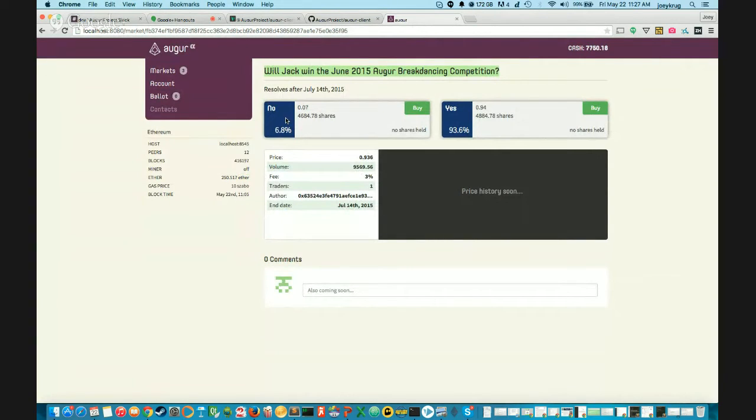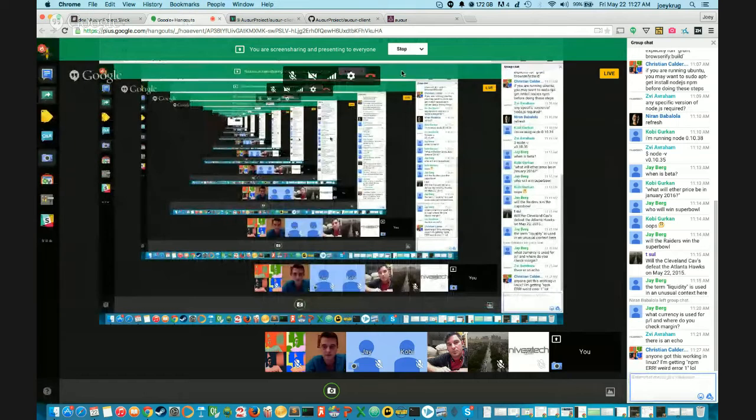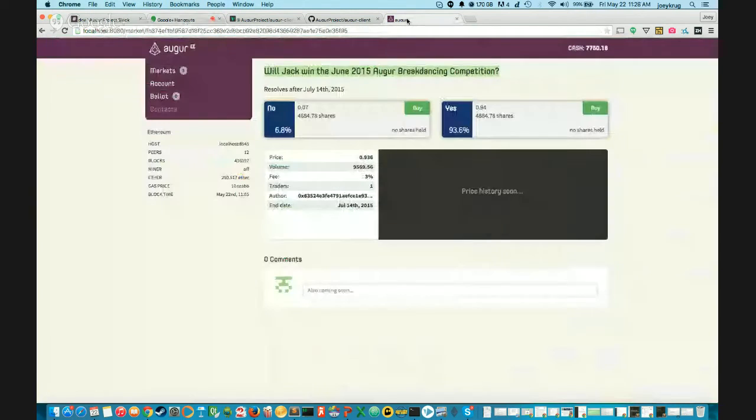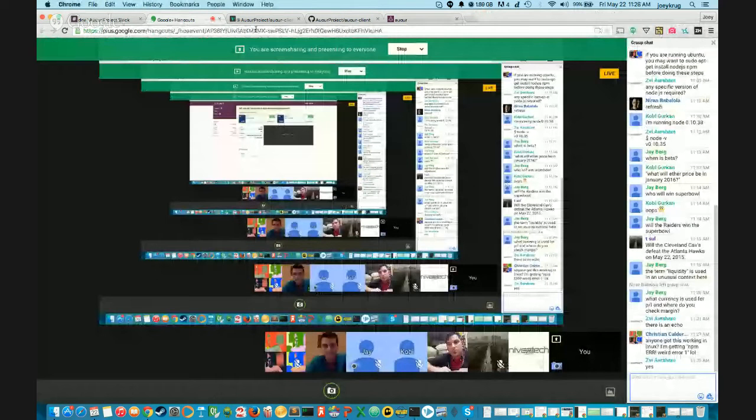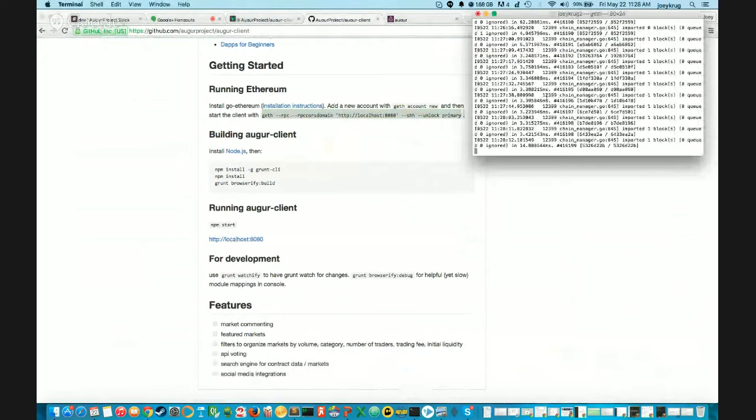That's great. Christian Calder seems to be having a problem getting this to work on Linux. If you can read the message. Oh, npm error. What, Geth or Augur? The UI, I think.